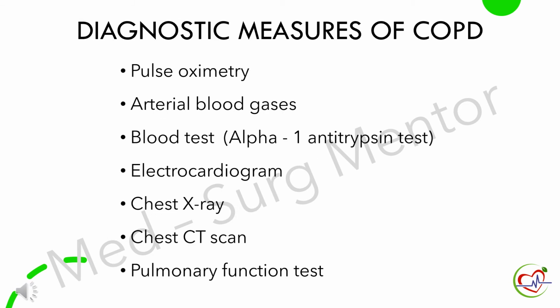Now let's see the common diagnostic measures done to rule out chronic obstructive pulmonary disease. And they are pulse oximetry, arterial blood gas analysis, blood tests such as alpha-1 antitrypsin test, electrocardiogram, chest X-ray, chest CT scan, and pulmonary function test.